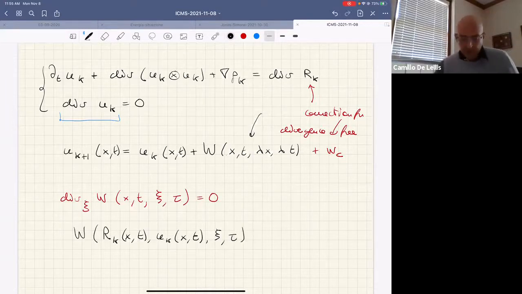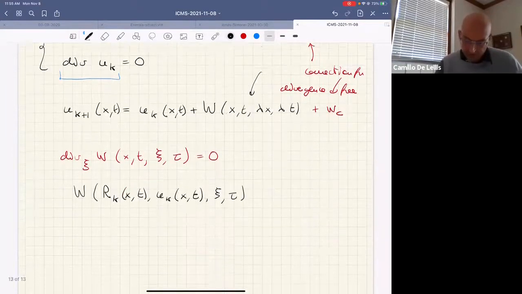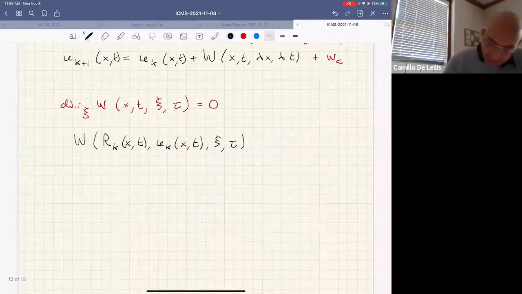So what I'm really looking for is a master function W which depends on big R, and let me call it V for the slot which I actually want to put in UK. Then I will substitute U of xt, UK of xt over here, and RK of xt over there.